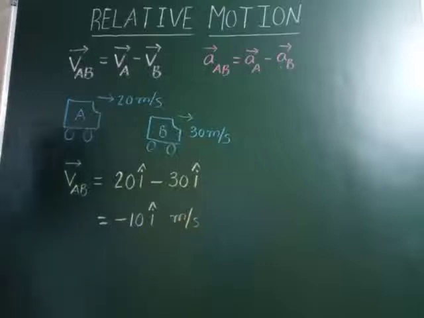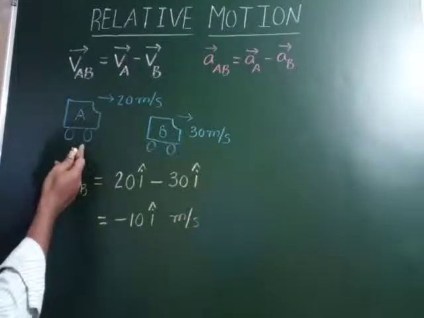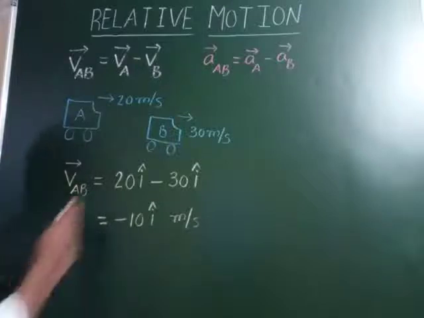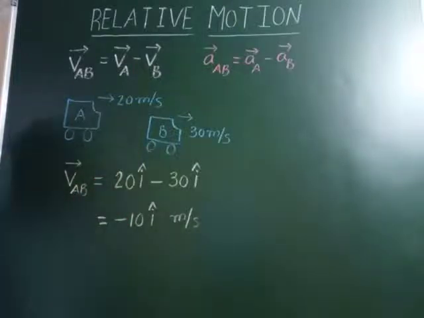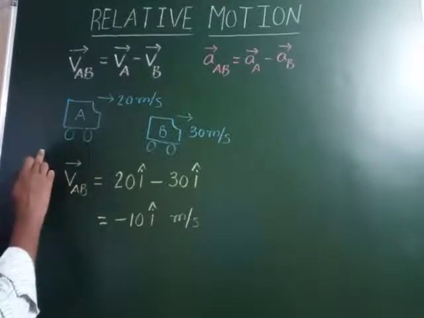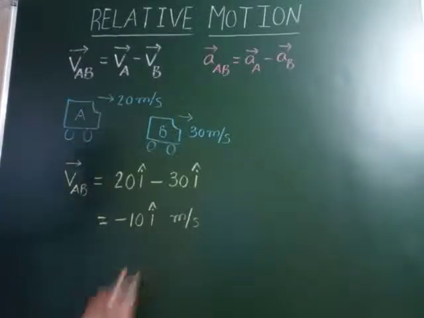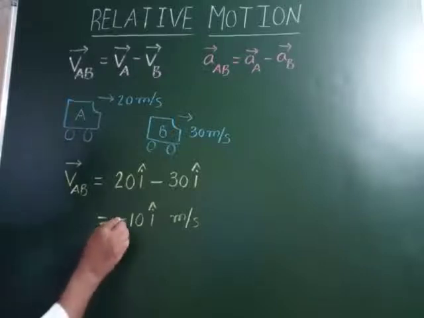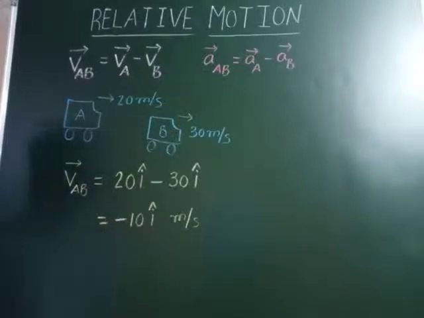Minus 10 i cap meter per second means car A is moving towards west with a speed of 10 meter per second with respect to car B, because this negative i cap indicates the direction.